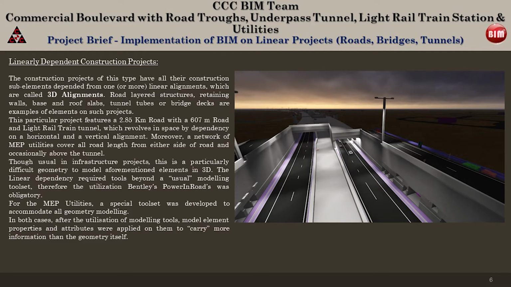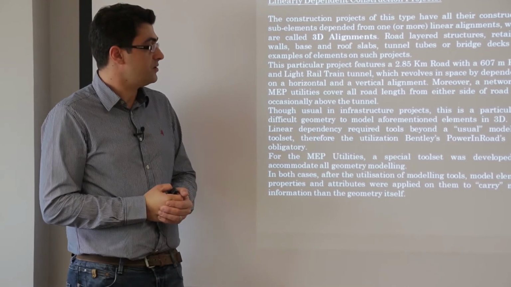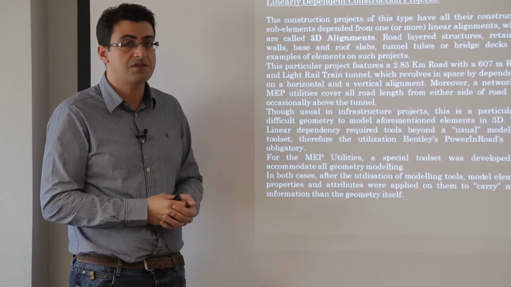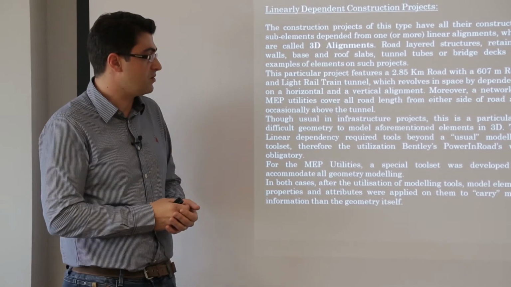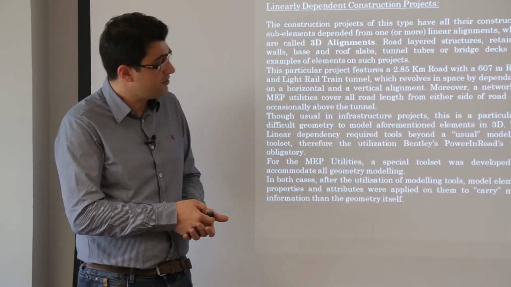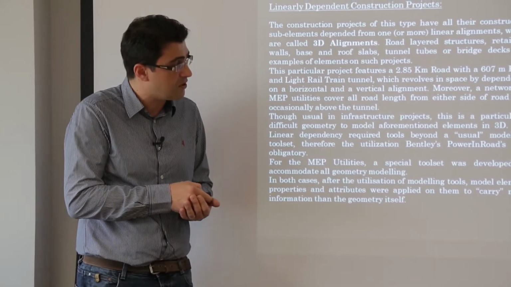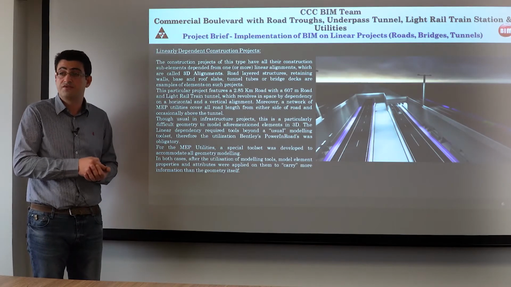Moreover, there is a network of MEP utilities that covers all the road length on either side of the road and occasionally above the tunnel, plus the interface with the connection of these utilities to the interfacing contractor. It is usual in these infrastructure projects to have such elements, but this one is particularly difficult because in 3 dimensions we can see that it has a curvature along the horizontal plane and a dive down, because of the existence of the tunnel, in the vertical plane as well.